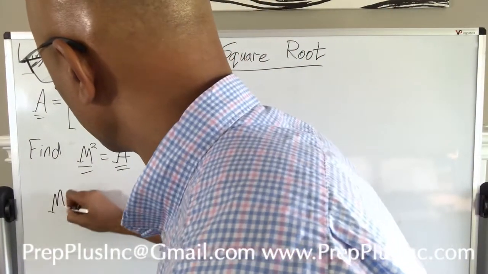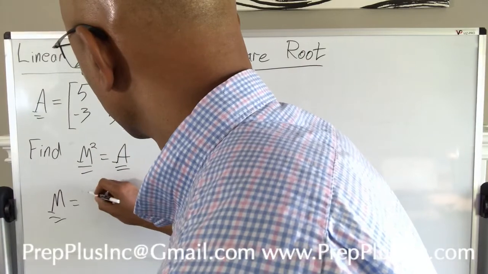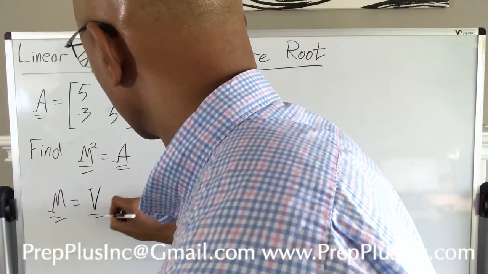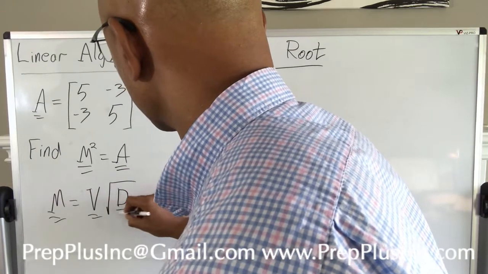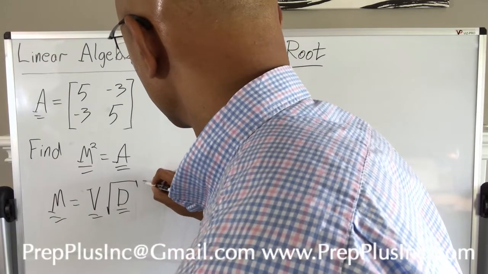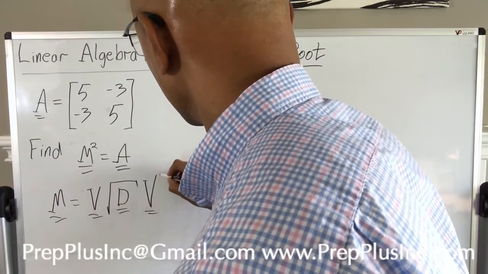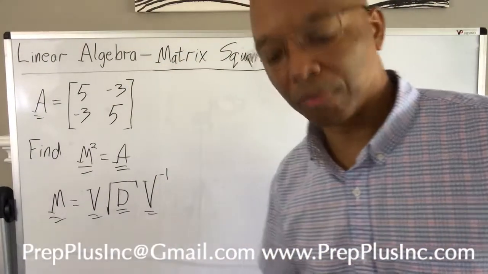M equals V, the square root of the D matrix, times V inverse. So what is this?